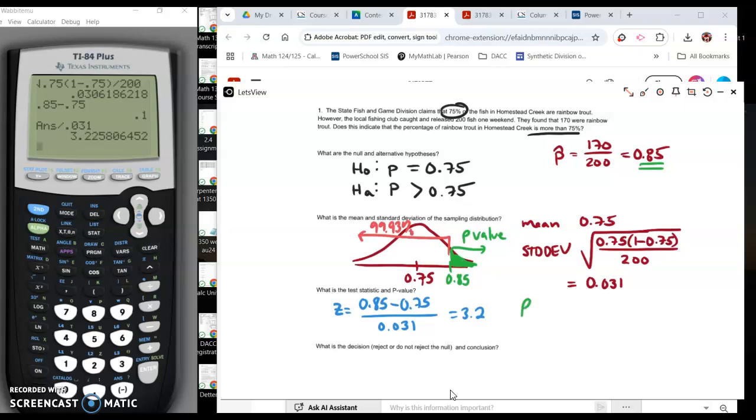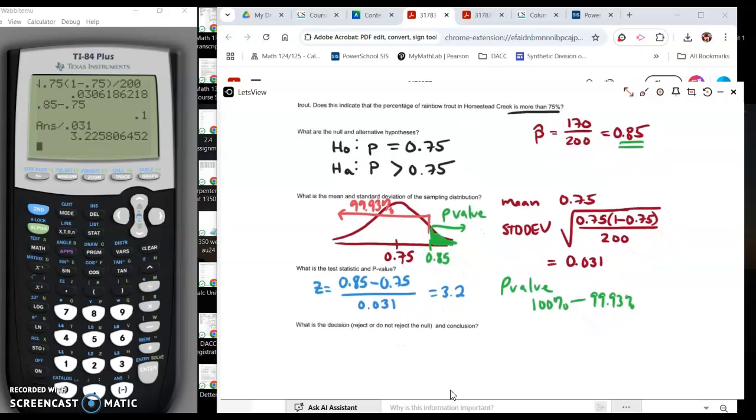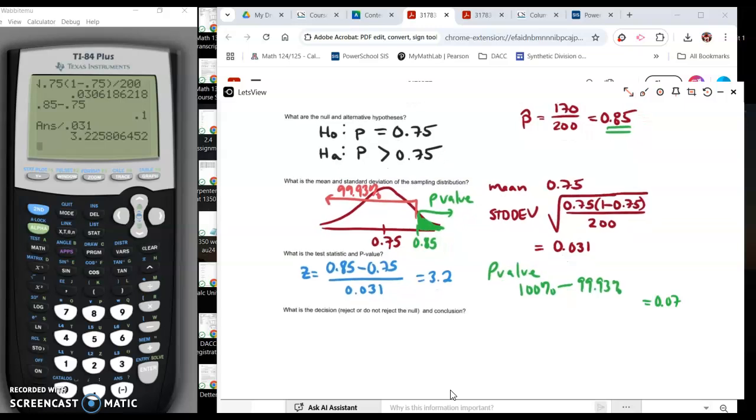So for our p-value in this problem, we'll do 100% minus 99.93%, which is going to be super small, which is 0.07%. So we get a really, really small p-value.